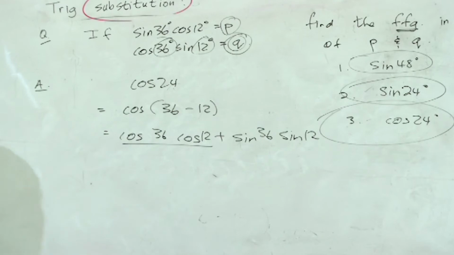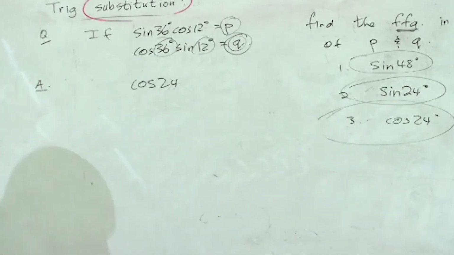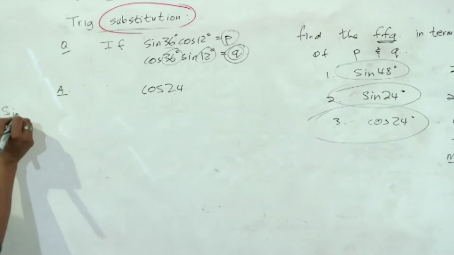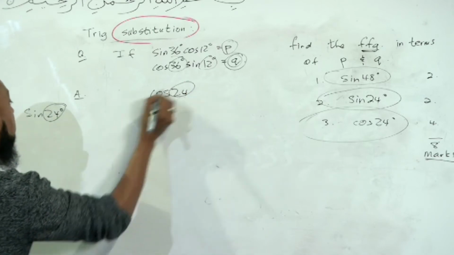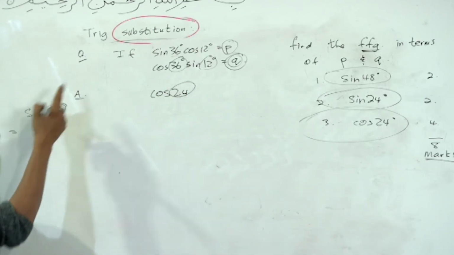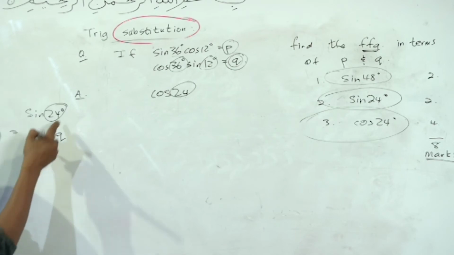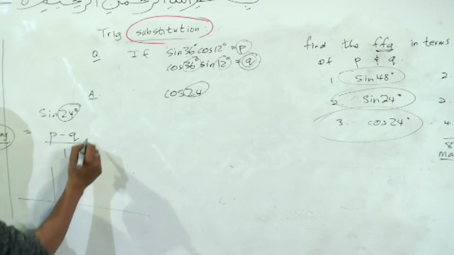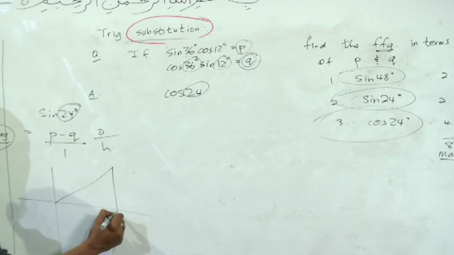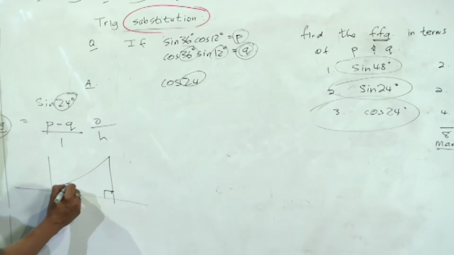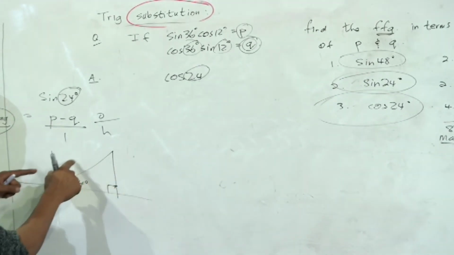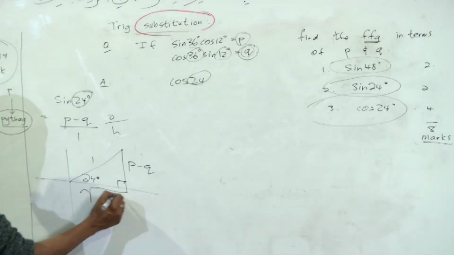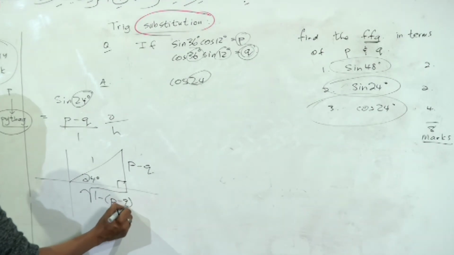So what happens here? I'm going to show you how it's done. From the previous one, sine 24 is P minus Q, which is P minus Q over 1. If we draw our triangle, that's opposite over hypotenuse. Using Pythagoras, the adjacent side is the square root of 1 minus P minus Q squared.